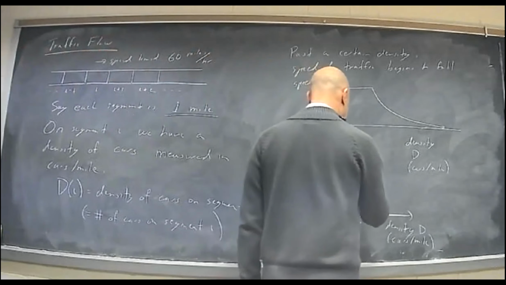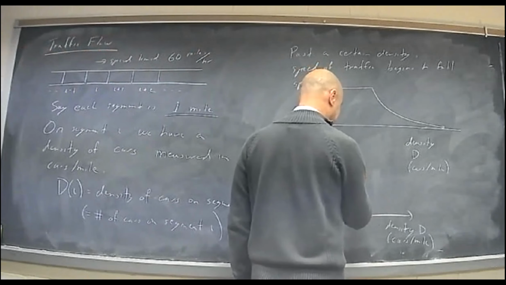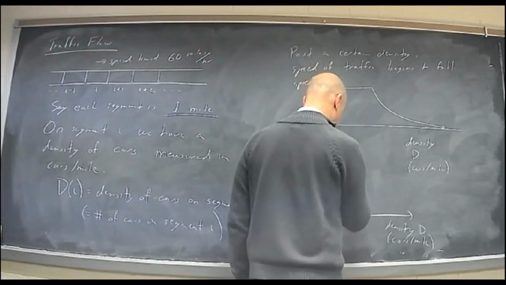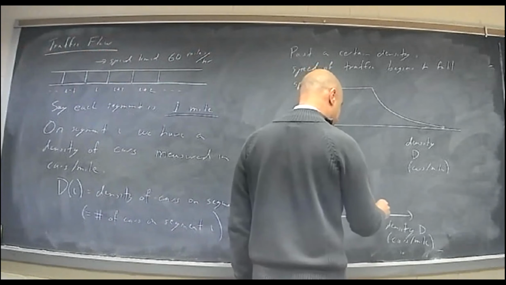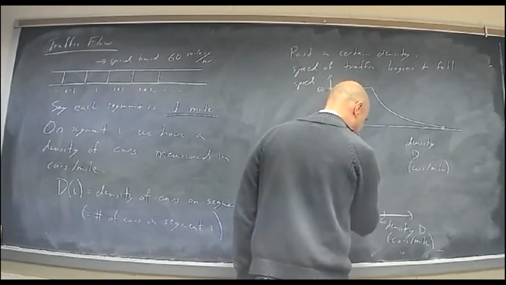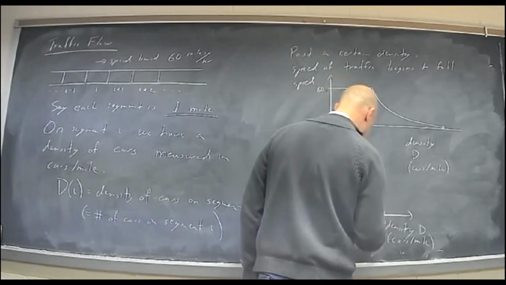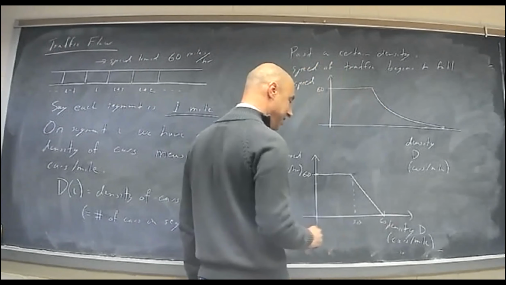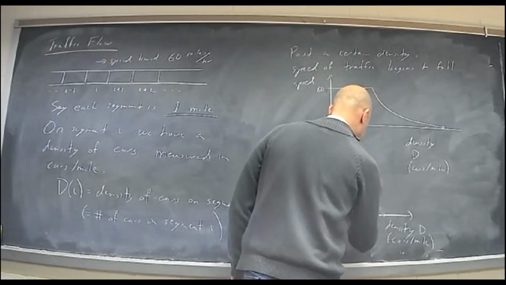After that, I'm going to have this drop off linearly, and at 60 cars per mile, we're going to say the traffic is at a dead stop. Didn't draw that very well.